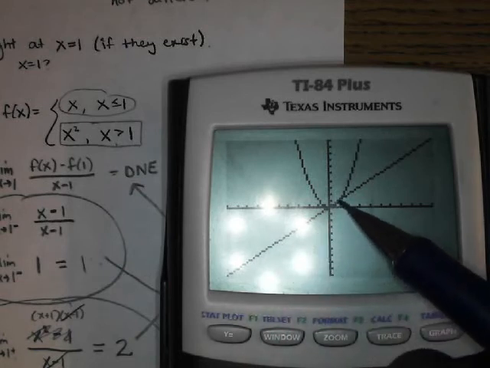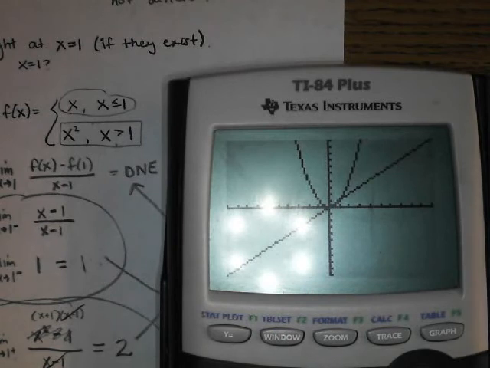So if I kind of color over this, here's what's happening at 1. There's my point. So leading up to that, this is my graph. And then coming out of it, we're following the parabola. So is this function continuous? It is continuous.